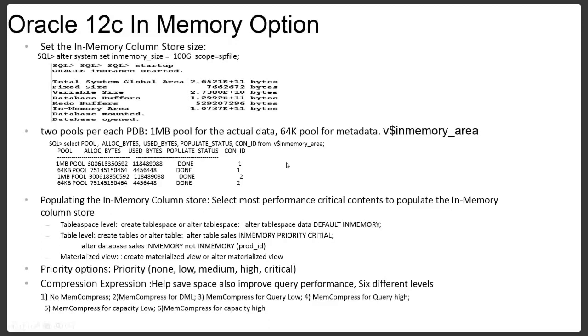If you have a very complex value that is frequently used and compute intensive, Oracle will automatically detect it and populate it. But you can also disable that if you don't want it. That was the automatic way.